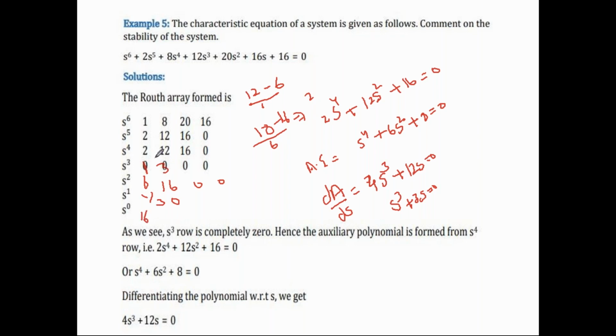Now tell me whether this system is stable or unstable. How will the system be stable or unstable?